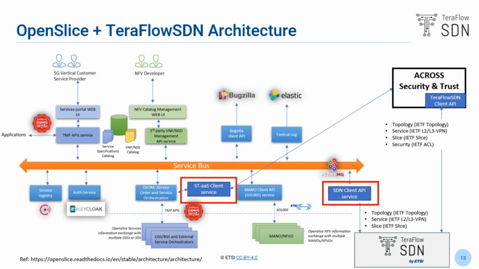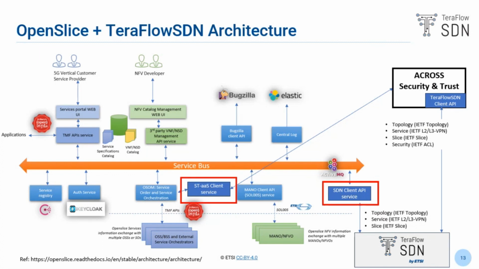There is where TeraFlow fits in, and that way we can expose some additional services in the OpenSlice catalog that are devoted to configuring this transport network. For that, besides collecting the topology, we will have to configure services. We are considering layer 2 and layer 3 VPNs, and also configuring transport network slices. So that will be the main interaction between OpenSlice and TeraFlow.